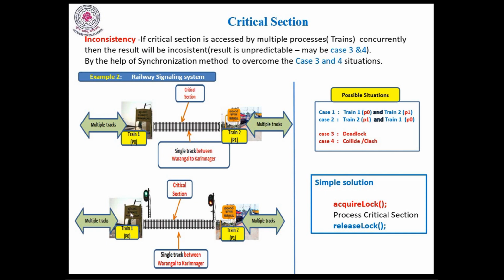If it is free, then he will permit either train 1 or train 2. That is one method. When permitting train 1, before permitting it into the critical section, he must lock the other side.